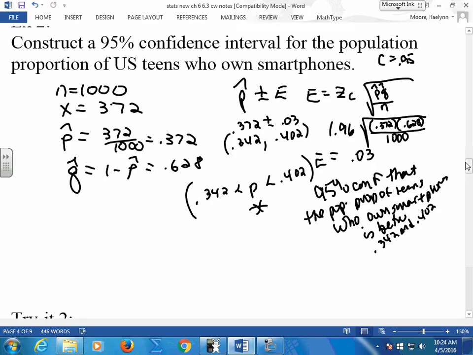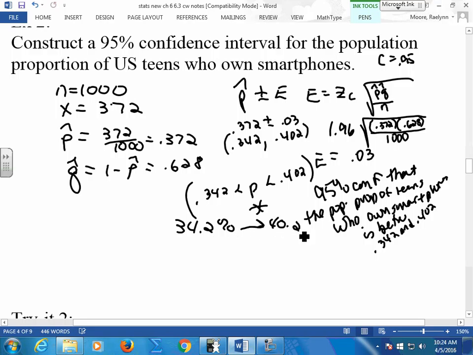So now I can say between 34.2% and 40.2%. My actual population should fall between these two. Don't I have a better chance of getting between two numbers rather than hitting 37.2 right on the nose? I mean, it's your wiggle room.